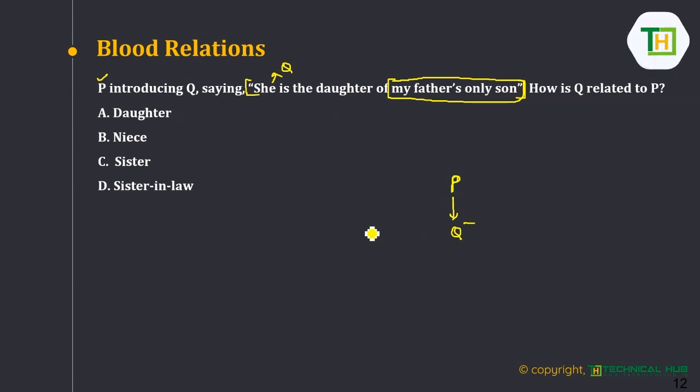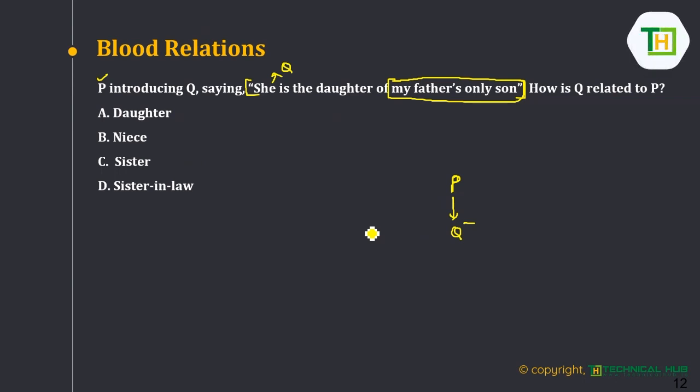In this question, P is introducing and saying my father's only son. By default, I can take P as the only son of his father. Then Q is the daughter of P. Since daughter is there in the options, I'll go with daughter.